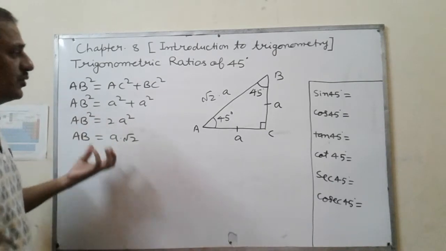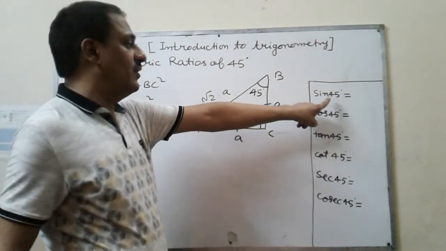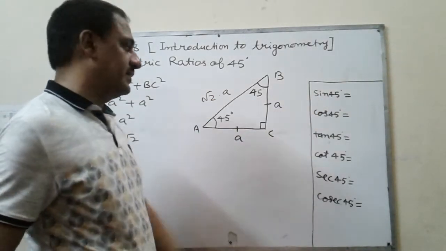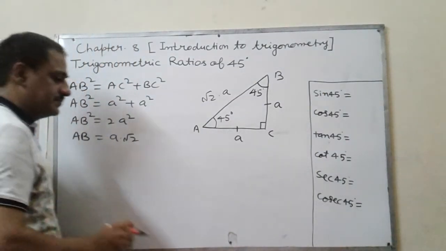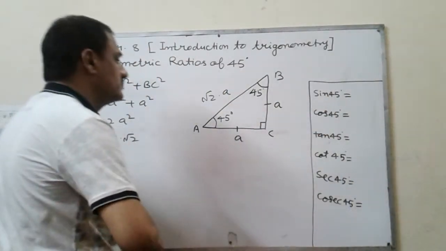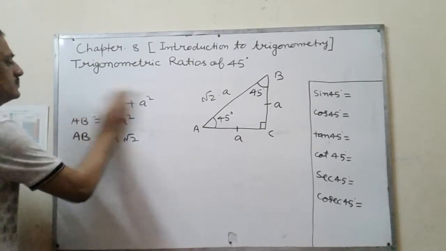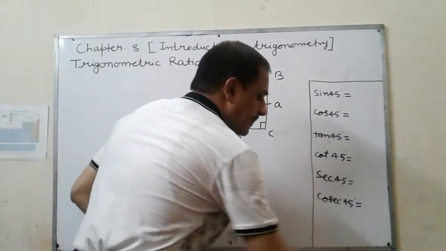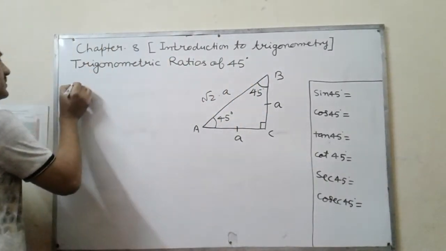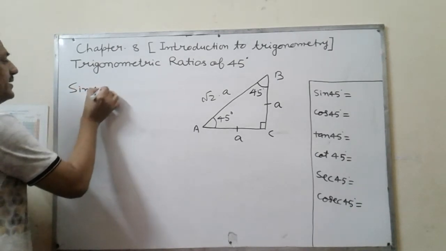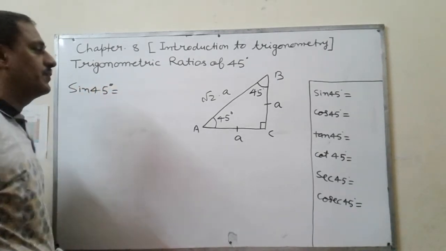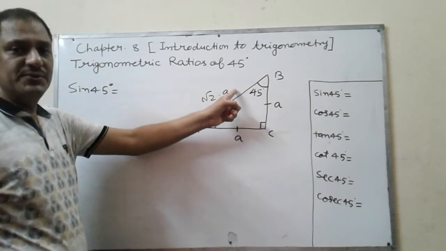Here I am going to find the value of sin 45 degree. Sin 45 degree is equal to perpendicular upon hypotenuse.